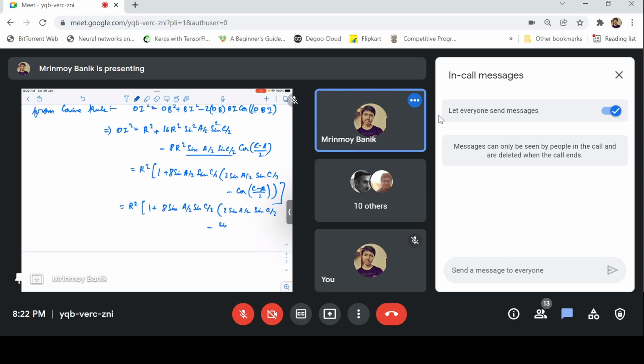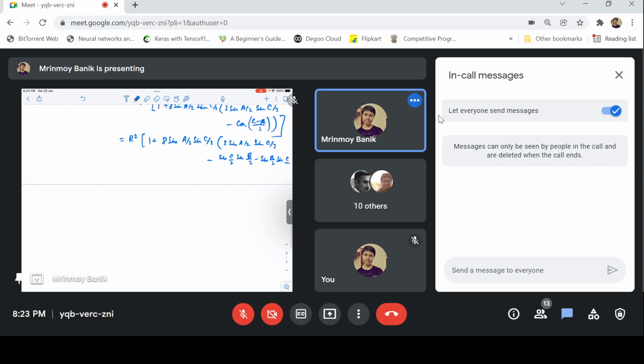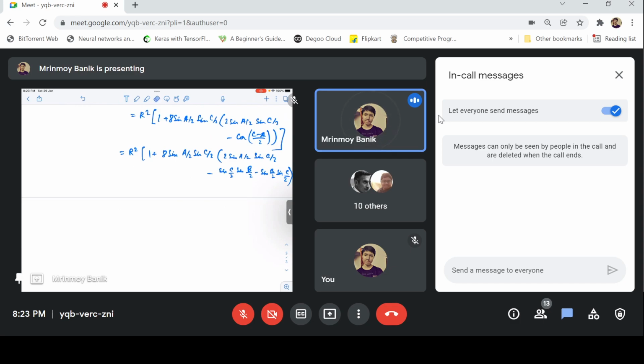And cos of (C minus A) by 2 is sine, okay, so it's sine C by 2 sine A by 2 ... (C plus A) by 2, this is B by 2.